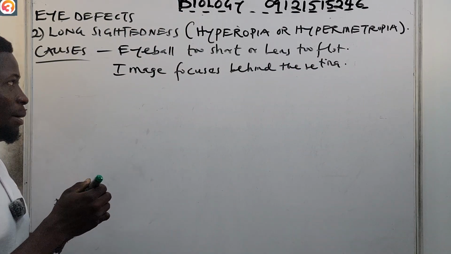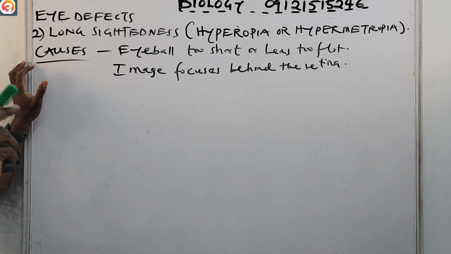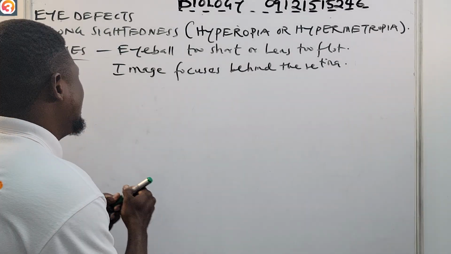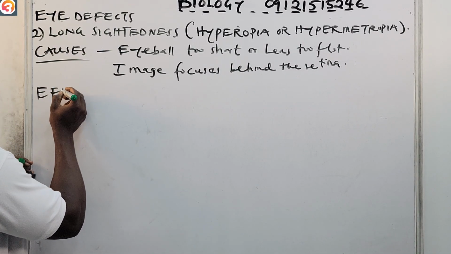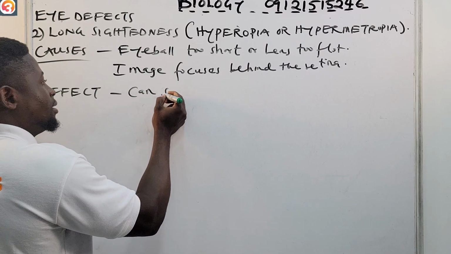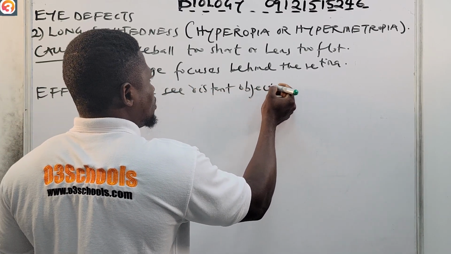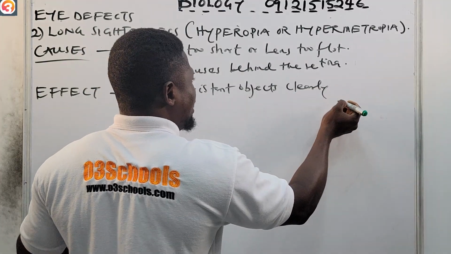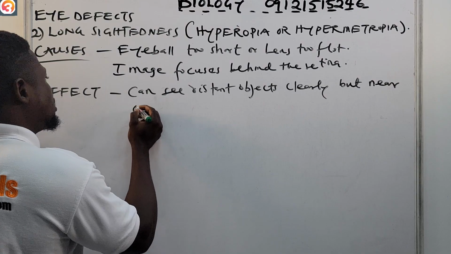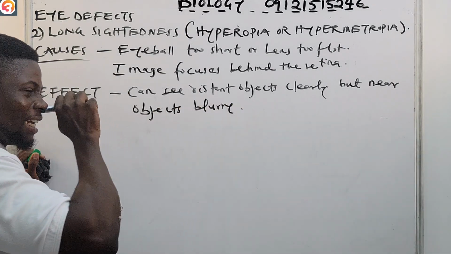So when the eyeball is too short or the lens too flat, the image focuses behind the retina. The effect is that you can see distant objects clearly, but near objects become blurry.